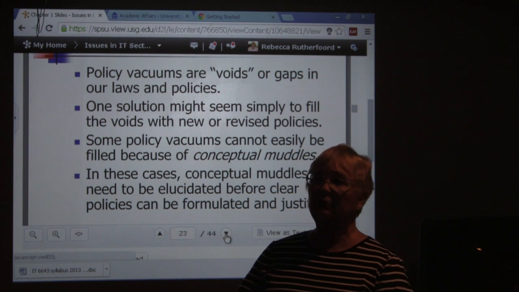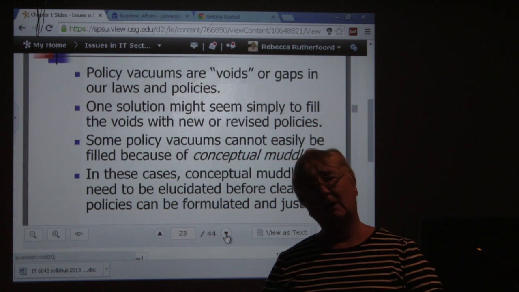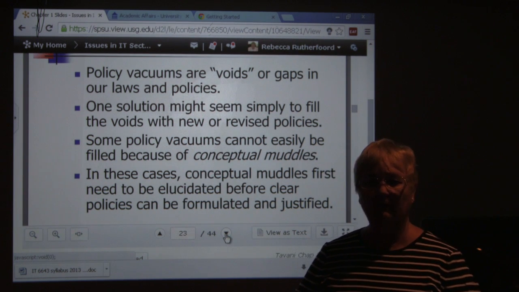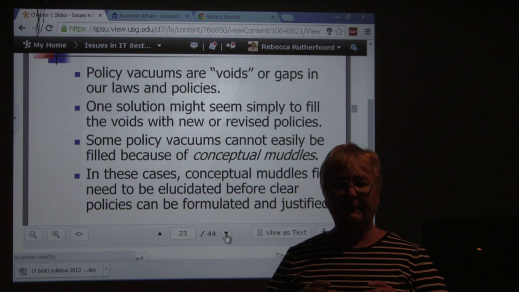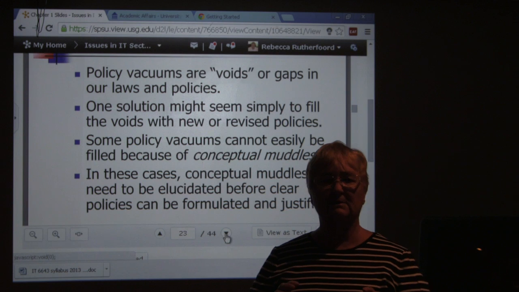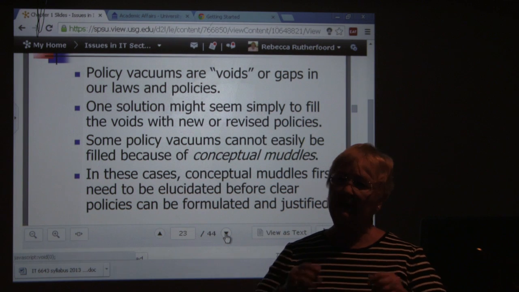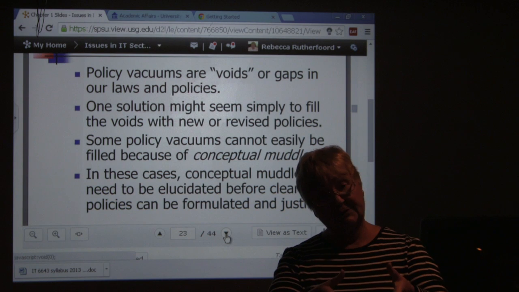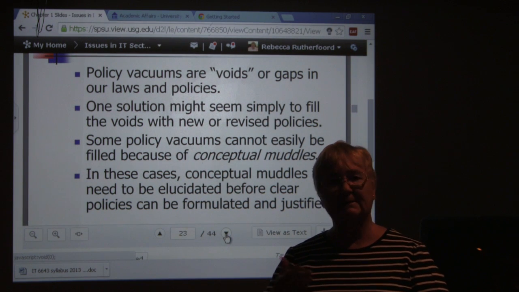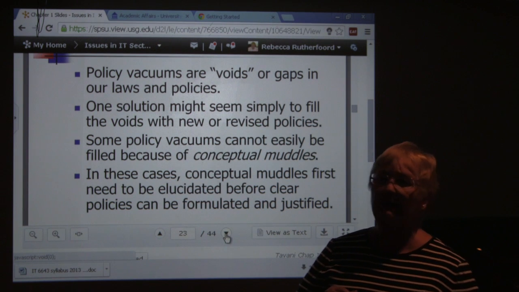One of the things we have to look at is that when we start dealing with laws and other policies in this area, we have to be very careful, because computing interacts with so many things in the world. By making a policy dealing with a particular issue, there may be other impacts we haven't looked at, so we have to consider that.